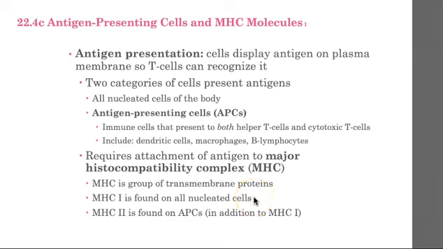So I always remember this as the saying, all for one and one for all. Okay, they just kind of go together. Whereas our MHC2 molecules are going to only be found on our APCs, our antigen presenting cells, in addition to them also having MHC1 molecules, because our APCs are also nucleated cells, so they're going to have both.